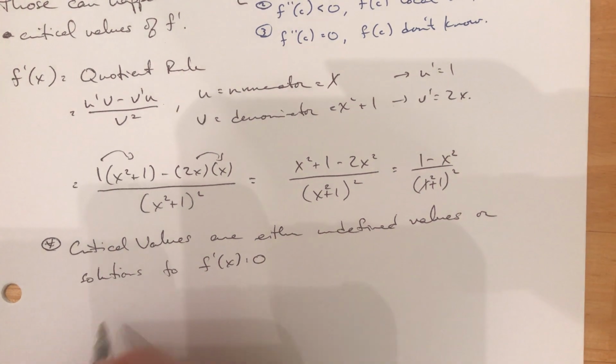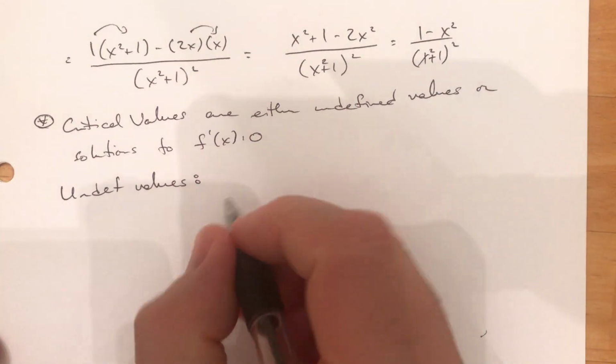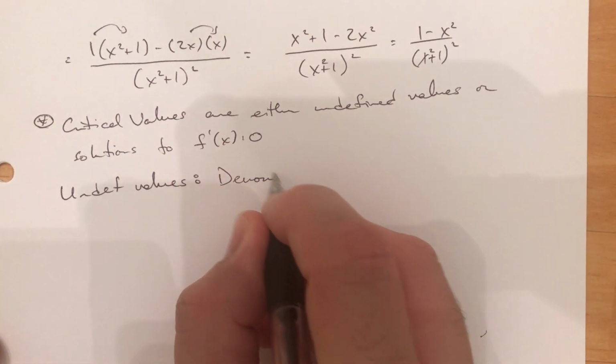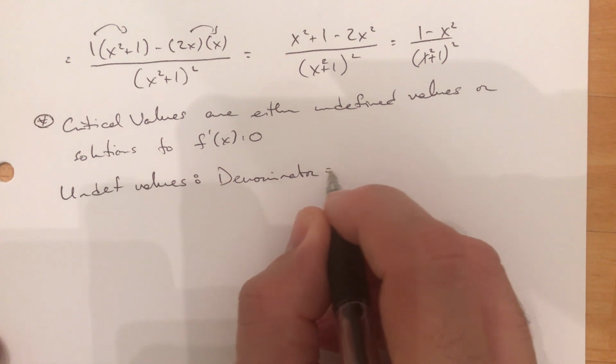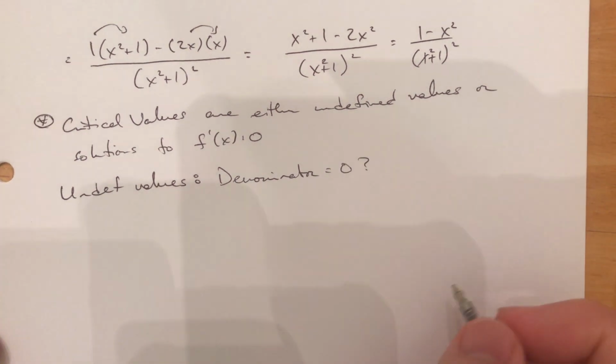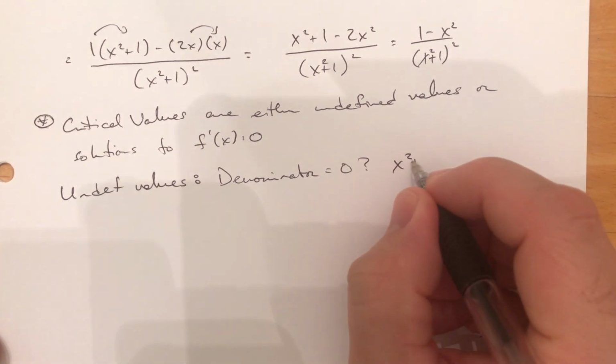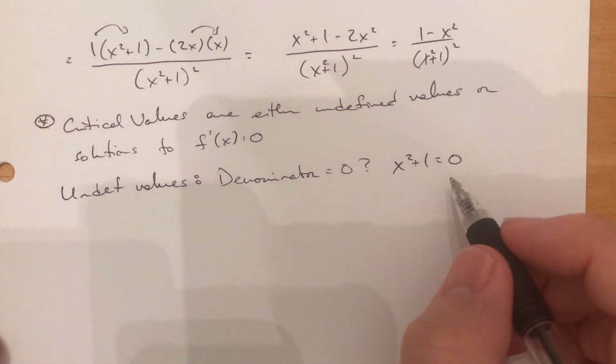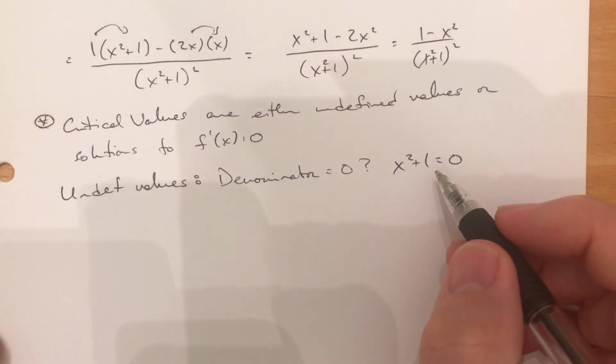For the undefined values, we're typically looking at maybe a denominator that's equal to 0. But our denominator, x squared plus 1, is not going to be 0 for any real values.